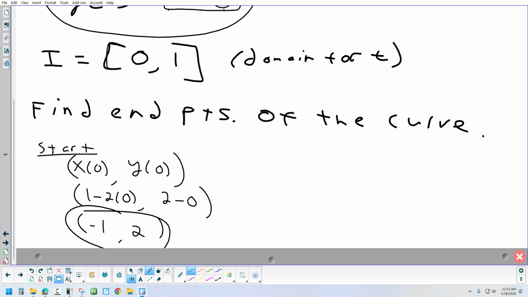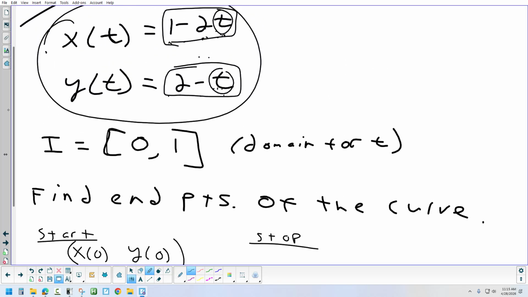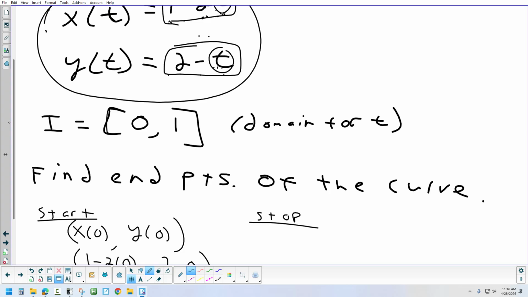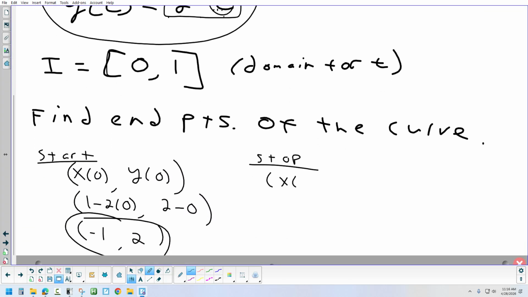And let's see where the graph is going to stop. What number is going to control where it stops? Yep, the 1, the highest value you were allowed to fill in for t. So plug 1 into the x formula. Plug it into the y formula, and tell me what you get.